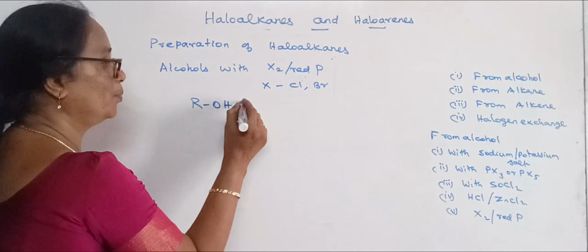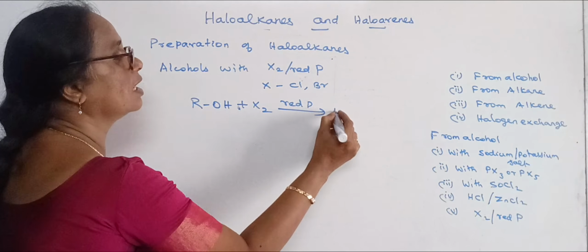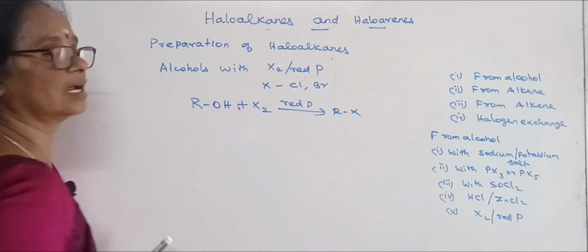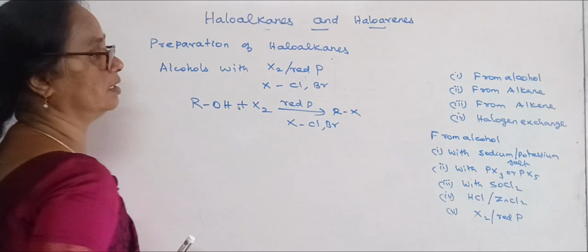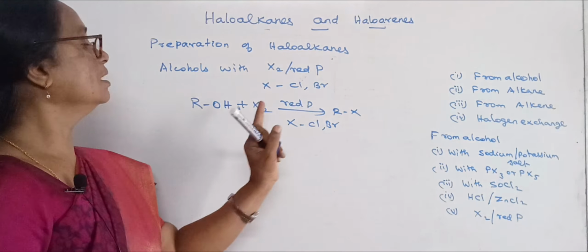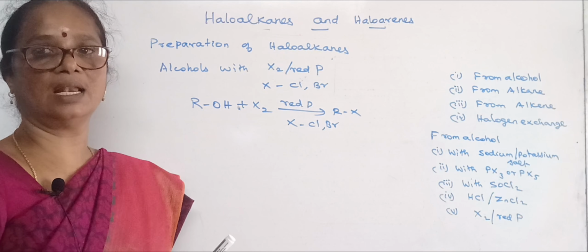So we take plus X2 in presence of red phosphorus, and the alcohol is converted into alkyl halide, where X is either chlorine or bromine. This is how the halogen and red phosphorus convert alcohol into alkyl halide.